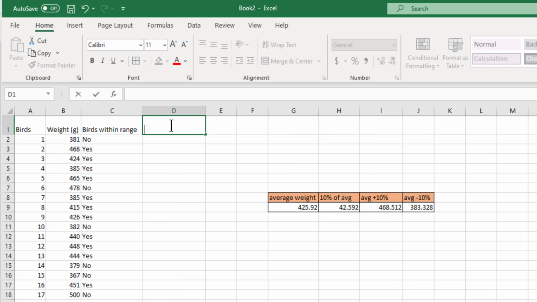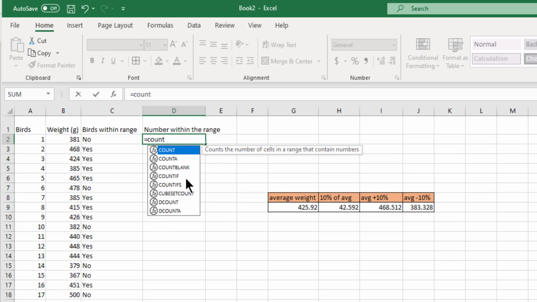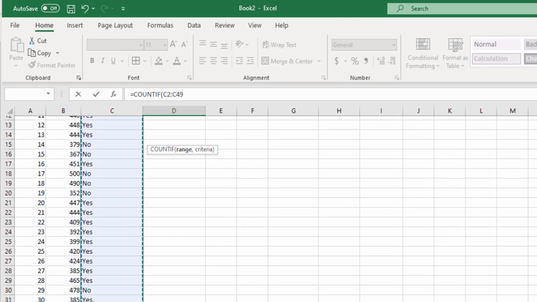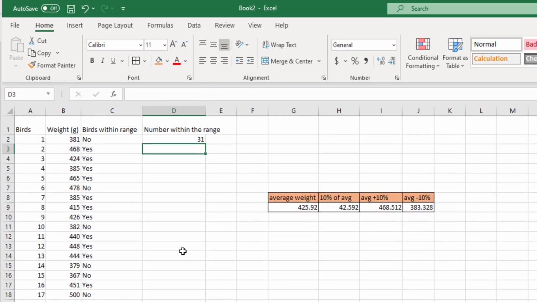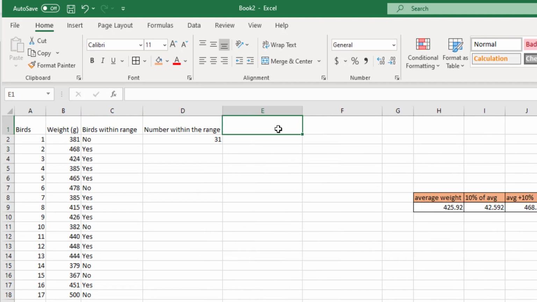Now let's calculate the number of birds which are within the range. We will use this formula. So we find out 31 birds are within the range. Total number of birds here is 50.